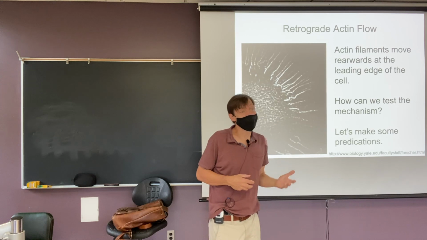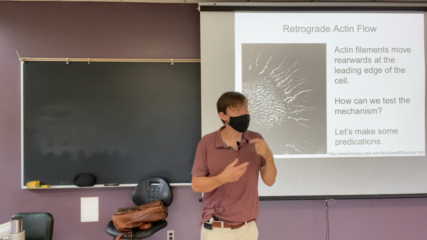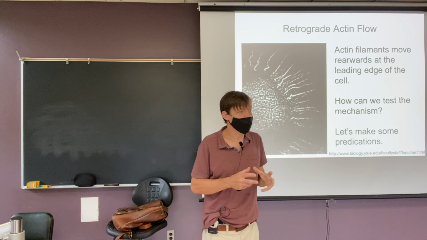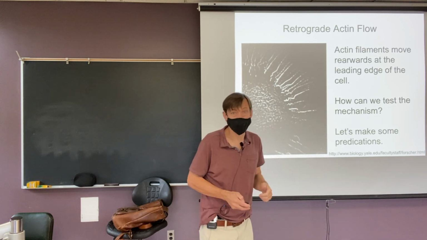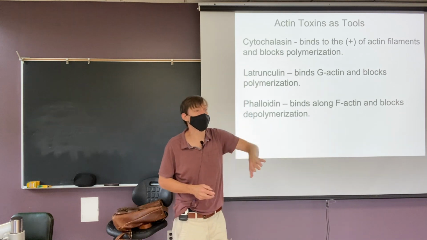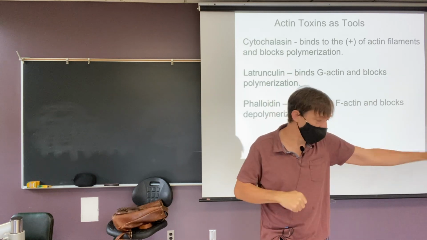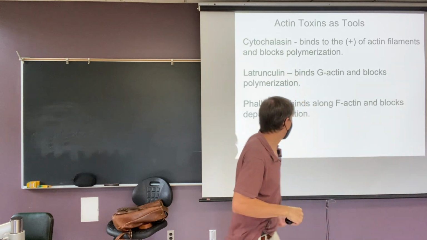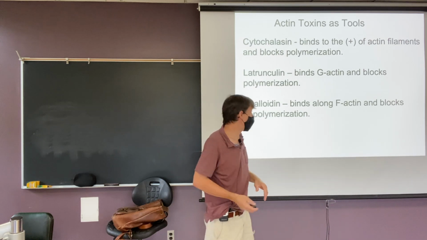The dye that people now use is SiR-actin, and it uses a related mechanism to bind to the actin filaments. So, all right, these are 3 tools that are really useful. We can block the plus ends of actin filaments, we can bind up G-actin, and we can also inhibit depolymerization.